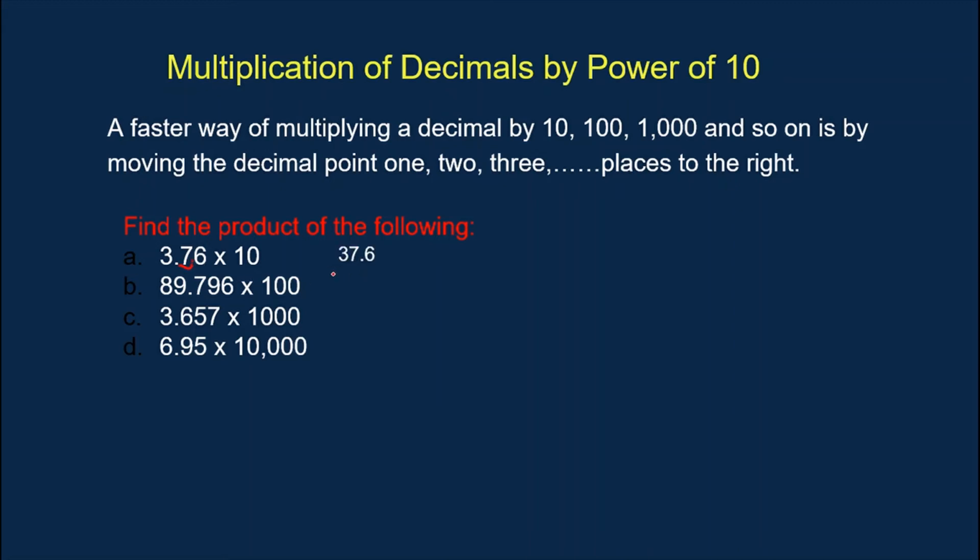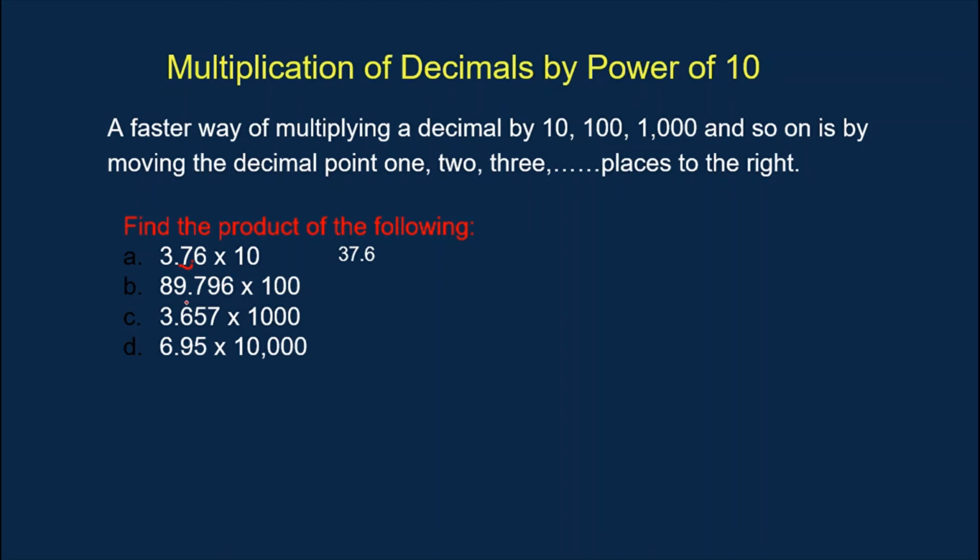So the final answer will be 37.6. Why 37.6? Because I just moved one place to the right of our decimal point, since we multiplied by 10 and 10 has only 1 zero.